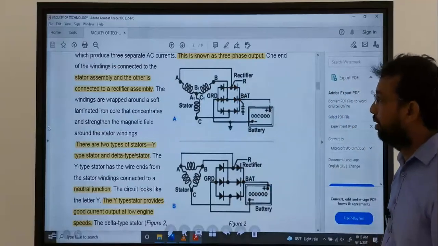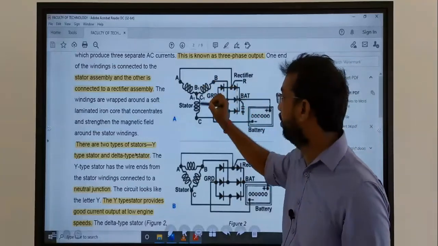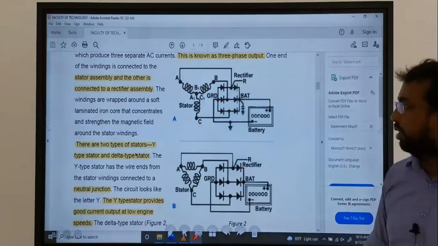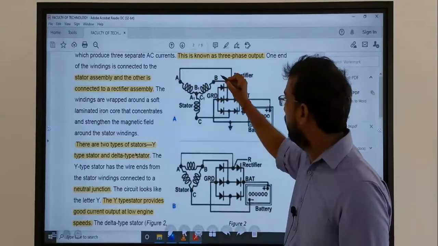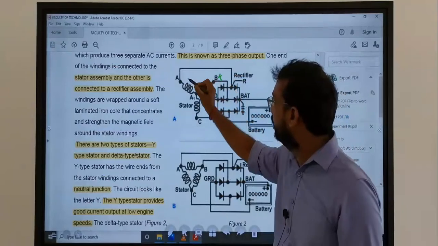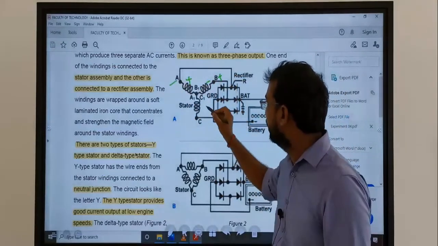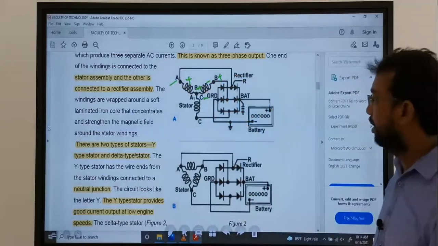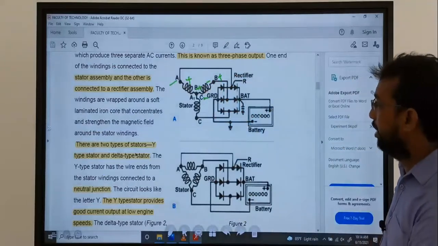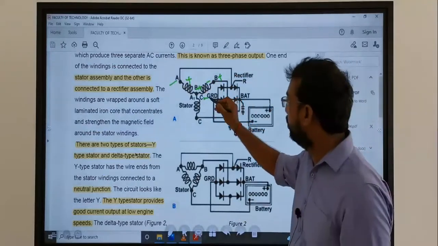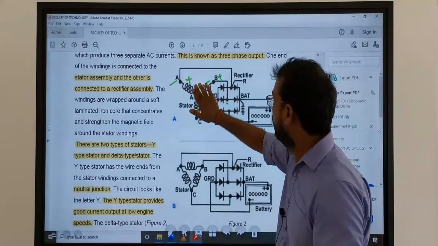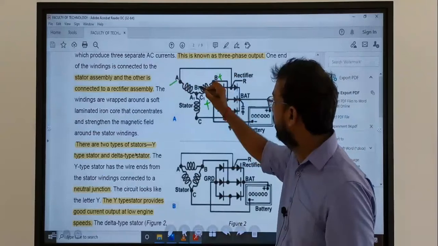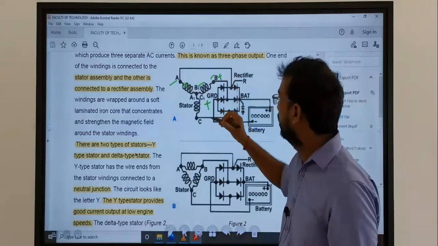Here you can see 3-phase, which means AC current is produced. Now it is plus, minus. Then the current direction changes, and again it changes to plus here, minus here.